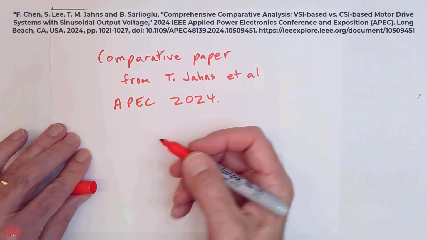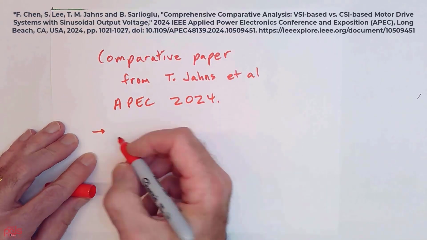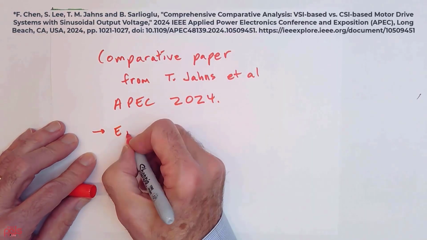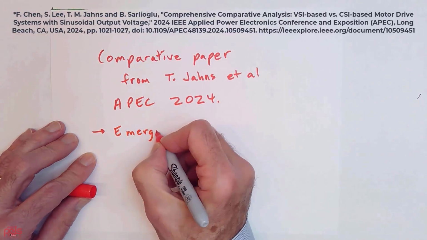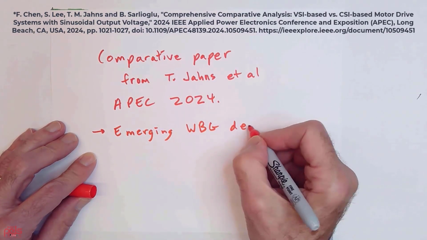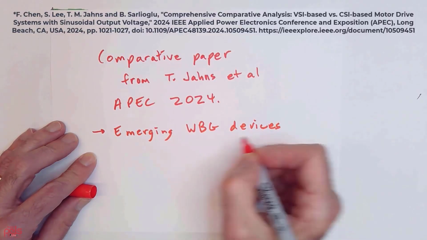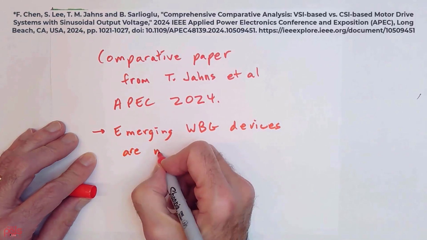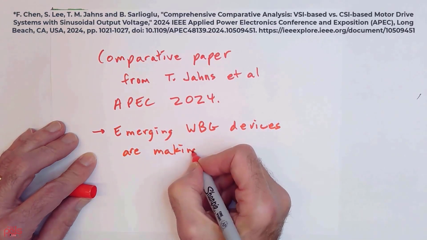And basically, what they're able to show is that emerging wide bandgap devices are making current source inverters quite viable.